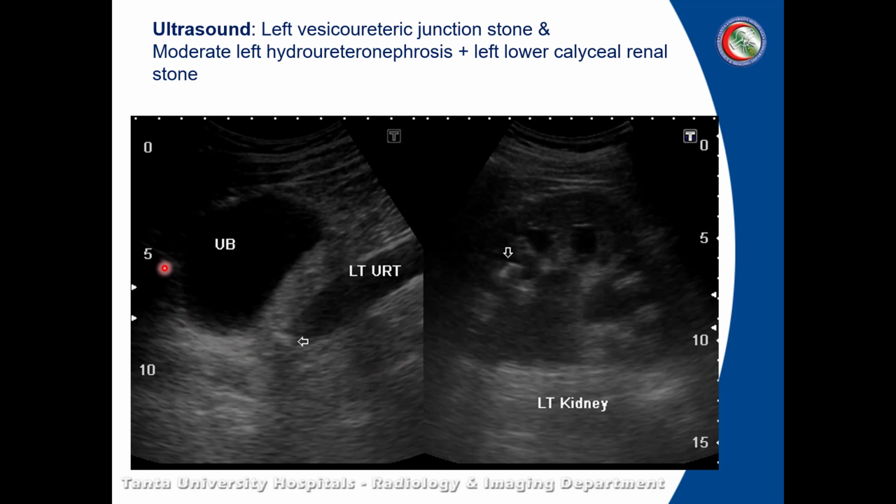This is the urinary bladder, and this is the left ureter, which is moderately dilated in its caliber, with a stone seen in its lower part with associated left hydroureteronephrosis.